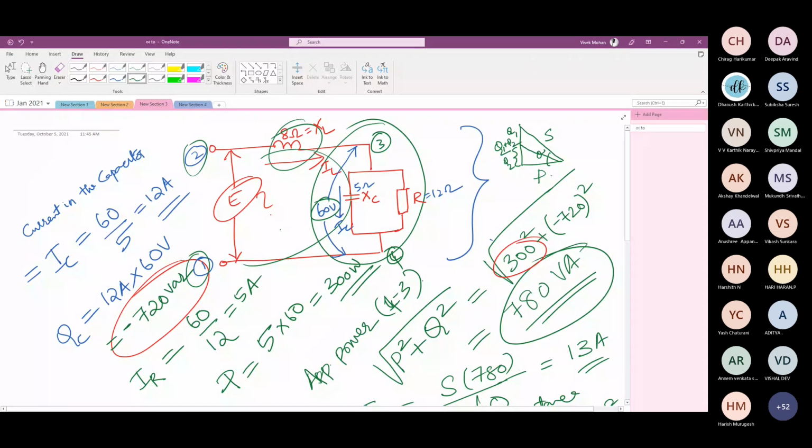So initially the circuit has total reactive power consumption Q1 plus Q2.